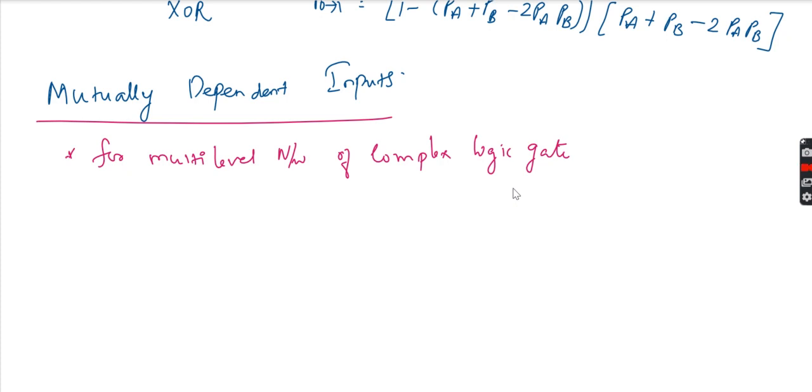Sometimes what will happen, the output will depend on the previous. It's not that the output is very simple. At each and every stage, the output will be dependent on the previous.